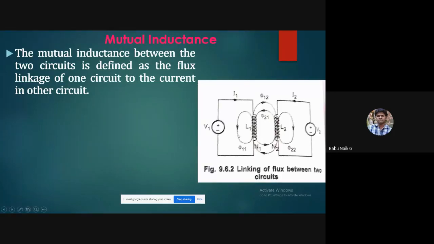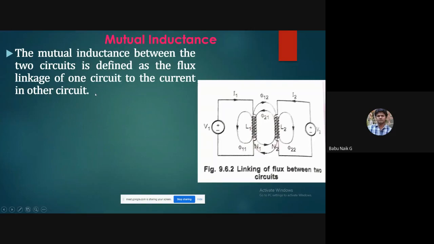Now the main thing: the flux produced by each of the circuits links with the circuit itself and with the other circuit also. It will link with both, that is, mutually it is going to interact with this circuit and as well as this circuit.